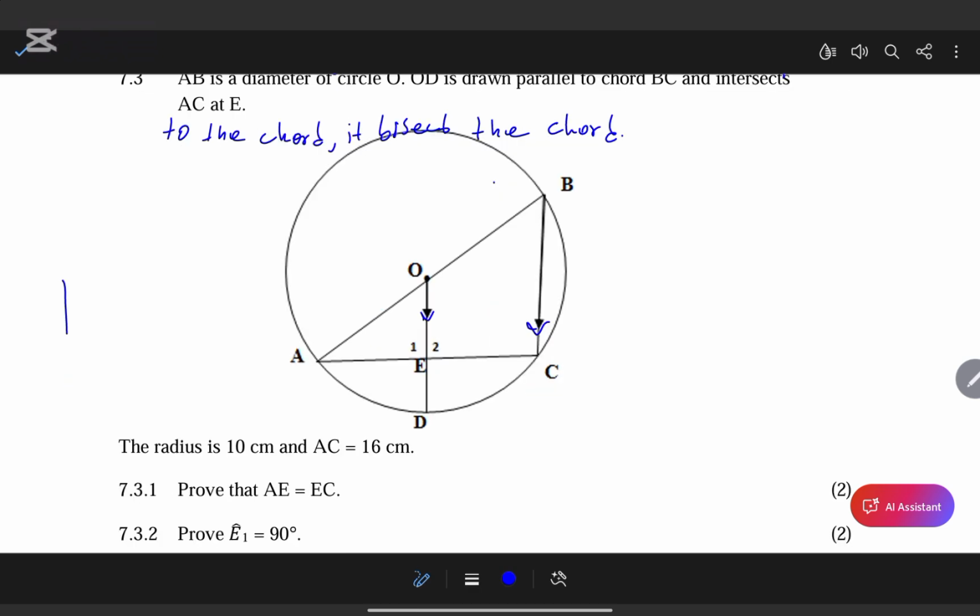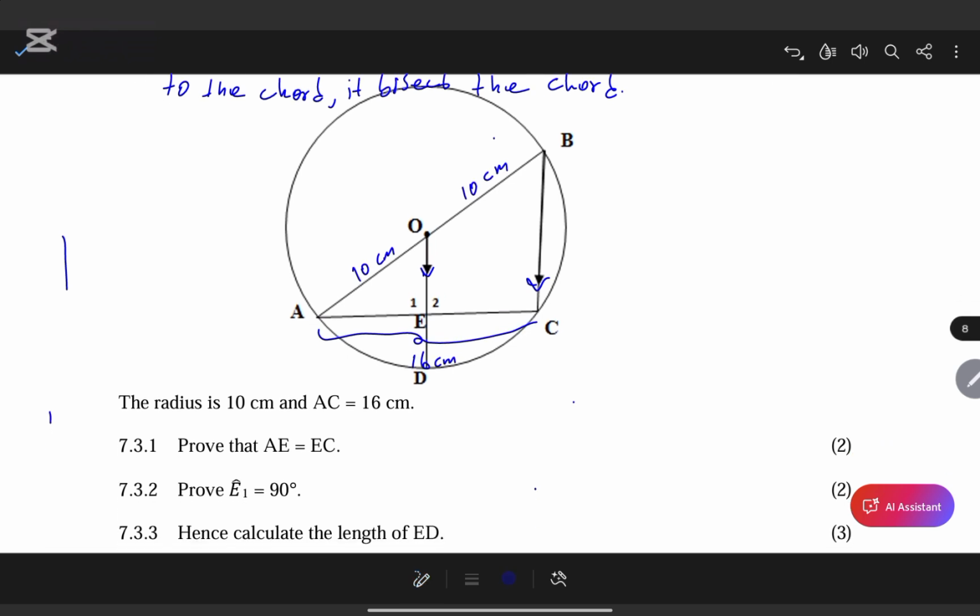So the radius, the length of AO is 10 centimeters. The length of OB is 10 centimeters. Therefore, the length of AC is 16 centimeters. All these lengths are given in centimeters.